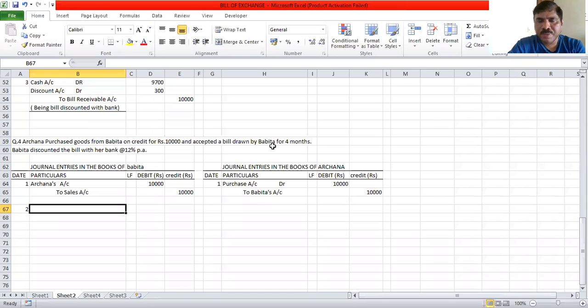Bills receivable account debit to drawee. Bills receivable comes in, therefore debit, and Archana is the giver, therefore credit. My format entry is: bills receivable account debit to drawee account.